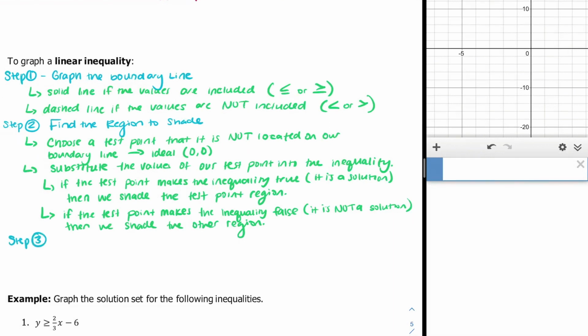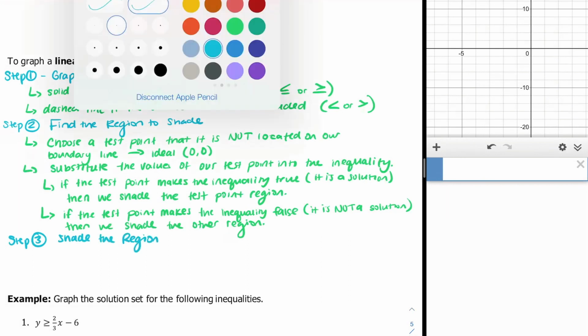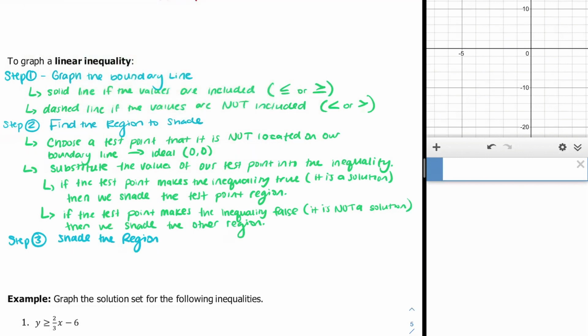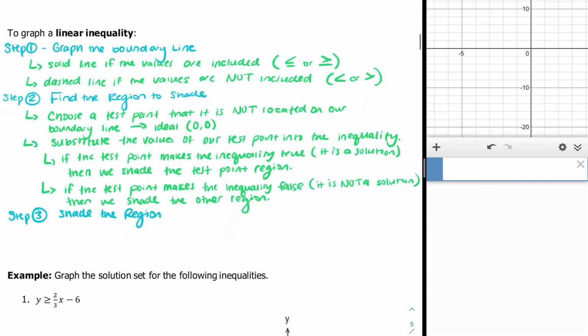The last step, step 3, tells us how we're going to shade the region. This last step really just talks about what we're going to do given just straight up equations or given things like word problems.